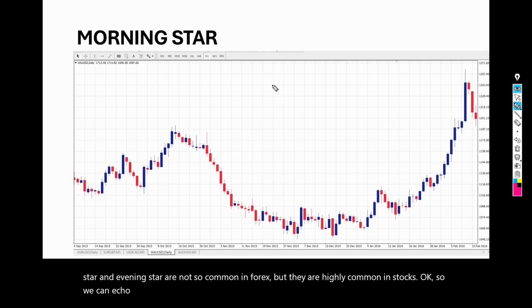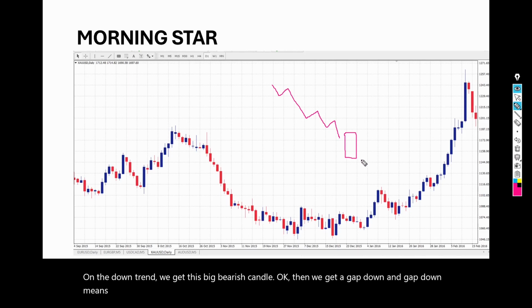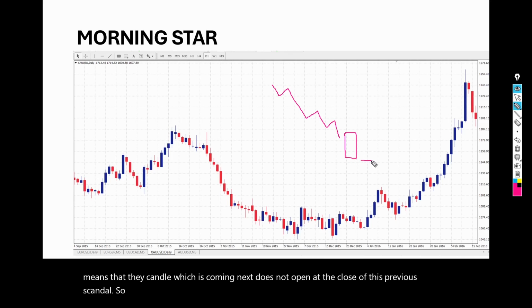Okay, so we can re-echo it. We have a downtrend. On a downtrend, we get this big bearish candle. Then we get a gap down, and gap down means that the candle which is coming next does not open at the close of this previous candle. So it opens slightly lower. So we get a small candle and then followed by a big bullish candle.